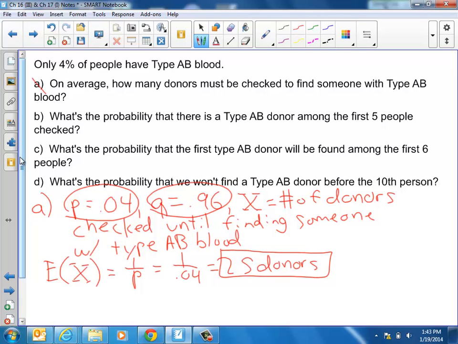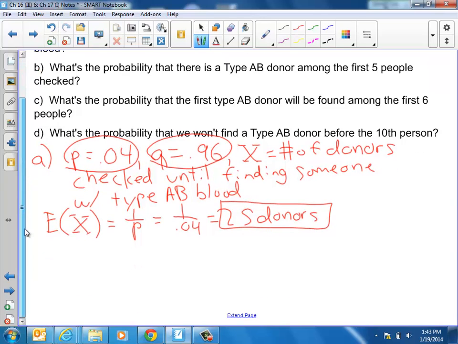B, what's the probability there's a type AB donor among the first 5 people checked? All right, so we want in part B, we're not going to redefine X. We've already got the variable that we need.